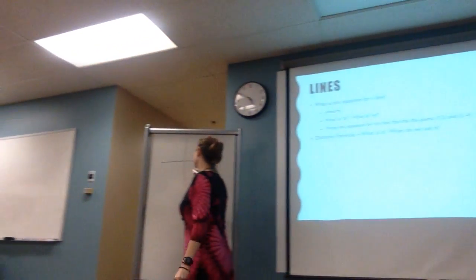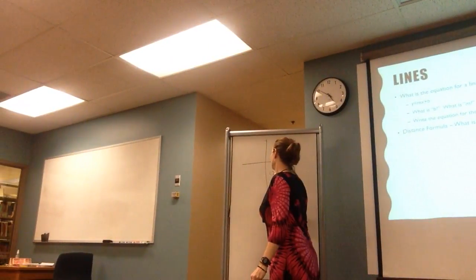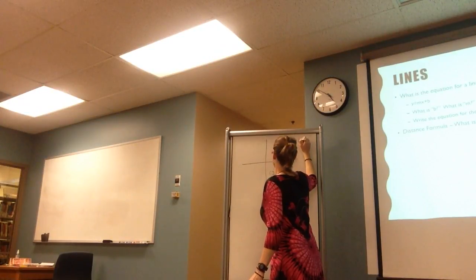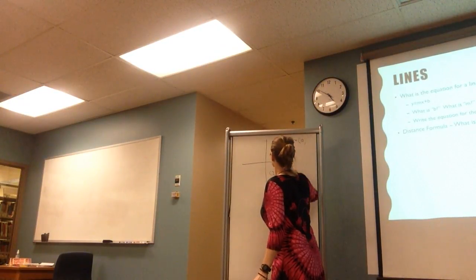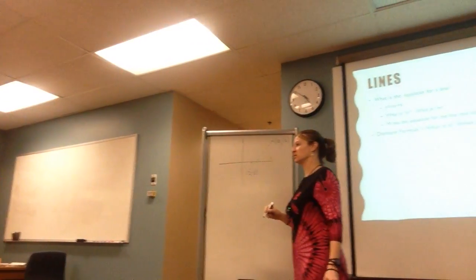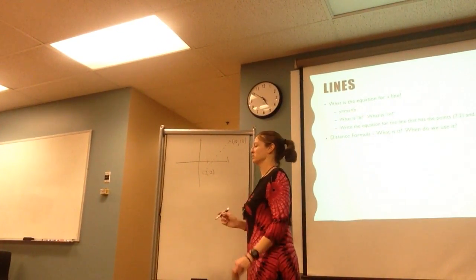So let's see, I'm in this quadrant. So say I am at 2, -2. And let's say over here I'm at, I don't know, 10, 10. How do I find the distance between those two? I've got 4 numbers.